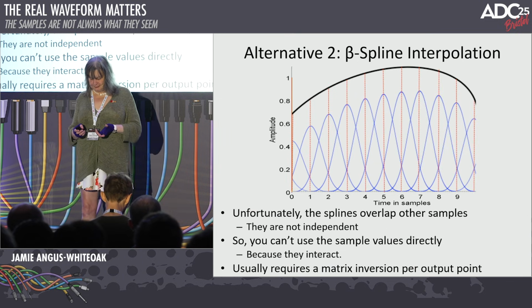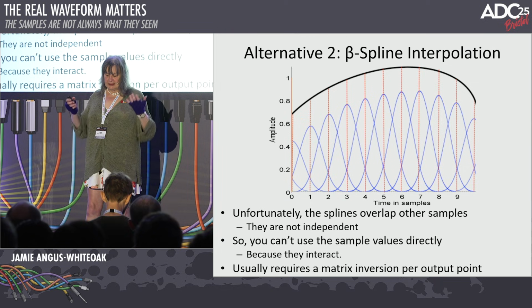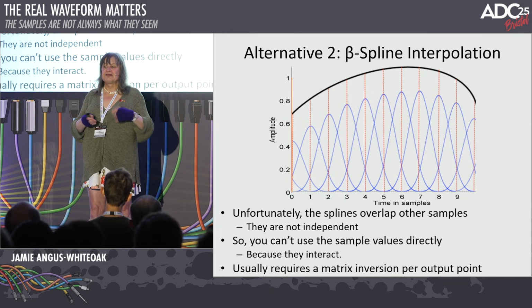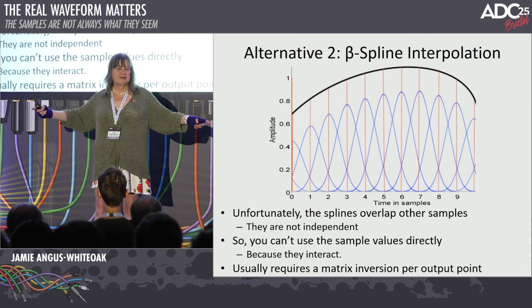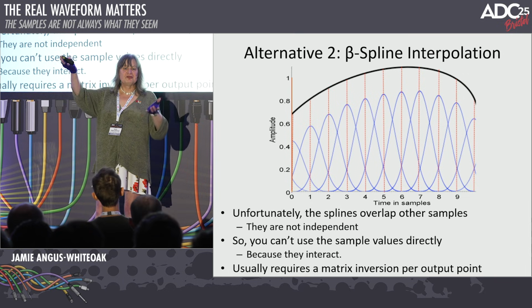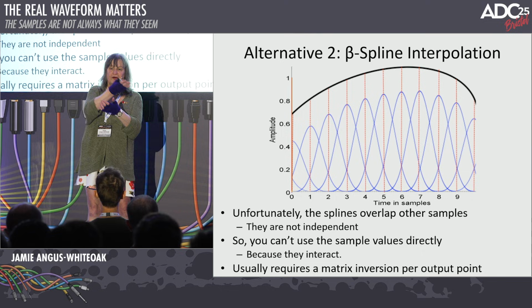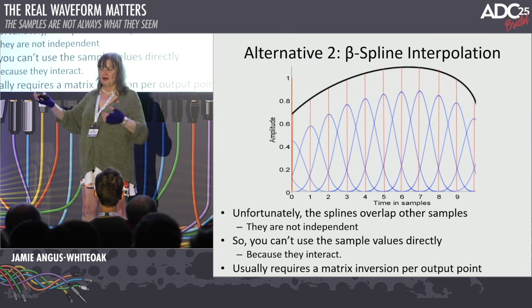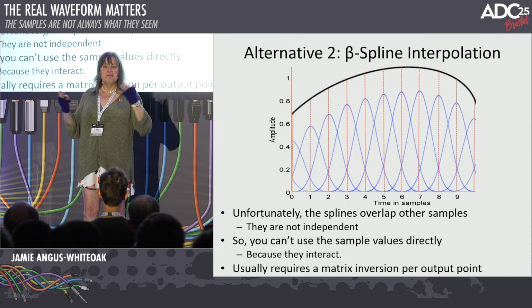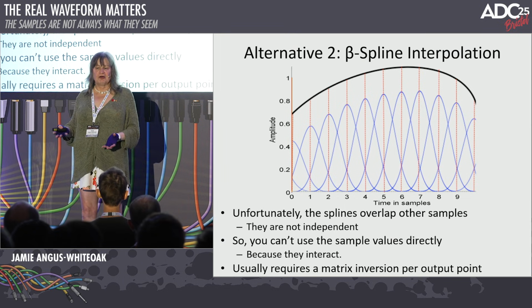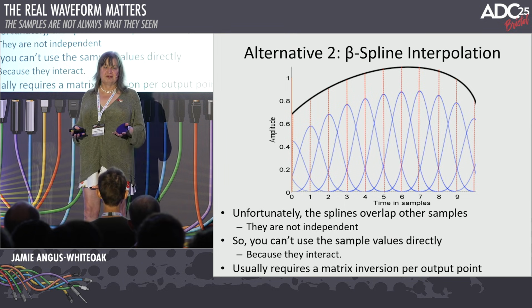But there's a problem. They overlap. Unlike sin x over x, they don't go to zero at all the sample points. That means that whenever you change one, there's interaction, and you've got to calculate and work out those interactions. And that, certainly for 1991, immediately said you've got to solve a set of simultaneous equations.